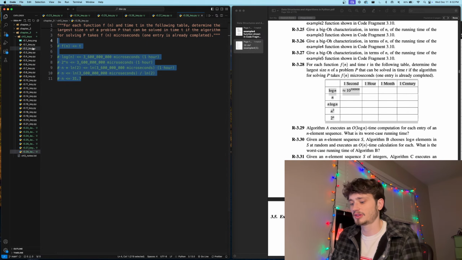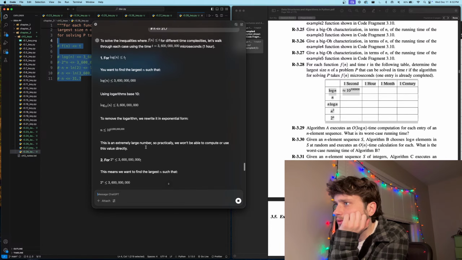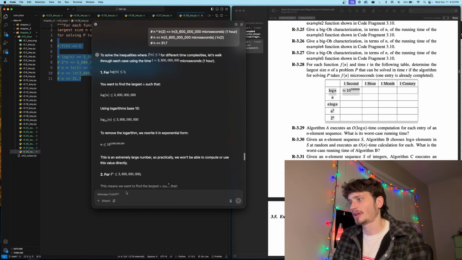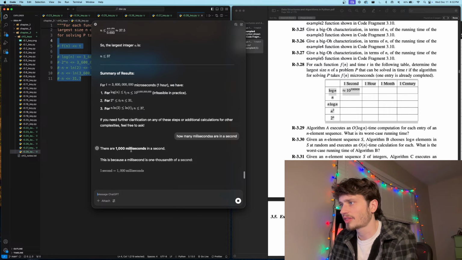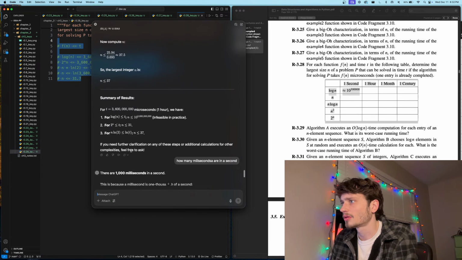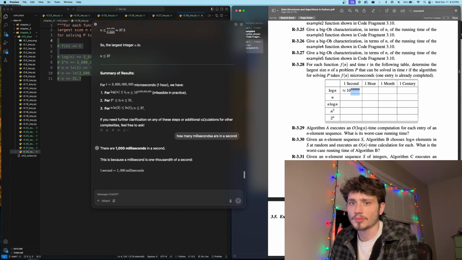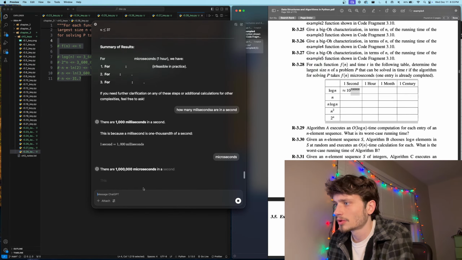Does anybody know what this is trying to get us at here? So then what do we say? How many are in a second? 1,000 milliseconds in a second. So why is log for 1 second 10 to the power of 300,000 for input? Oh, sorry, not milliseconds, microseconds. A million.